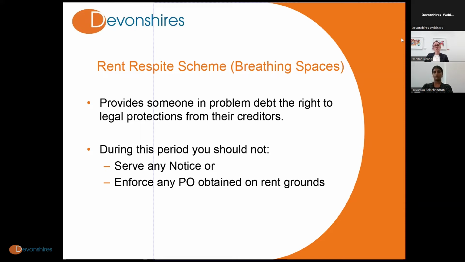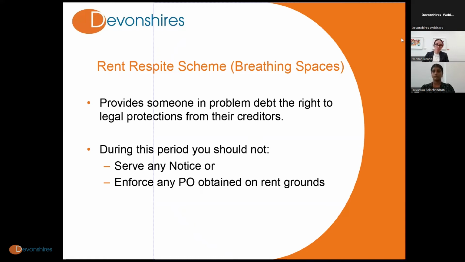It doesn't mean that you can't contact the tenant in respect of ongoing rent liability. So if the tenant is delayed on paying rent for that month, you could contact them in respect of that. And it doesn't mean that they are absolved from continually paying their rent as prescribed by their tenancy agreement.